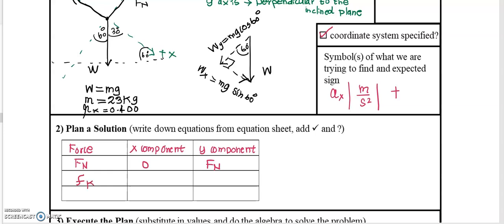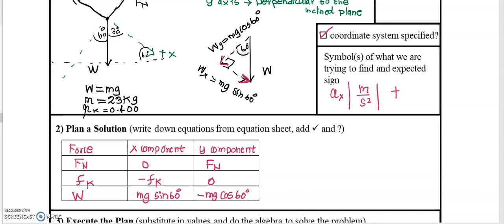The y component is positive based on the coordinates, and then the kinetic friction force is negative, and then the weight has an x component and a y component. As you can see, the x component is positive, mg sine 60, and the y component is negative based on our coordinate system, mg cosine 60.